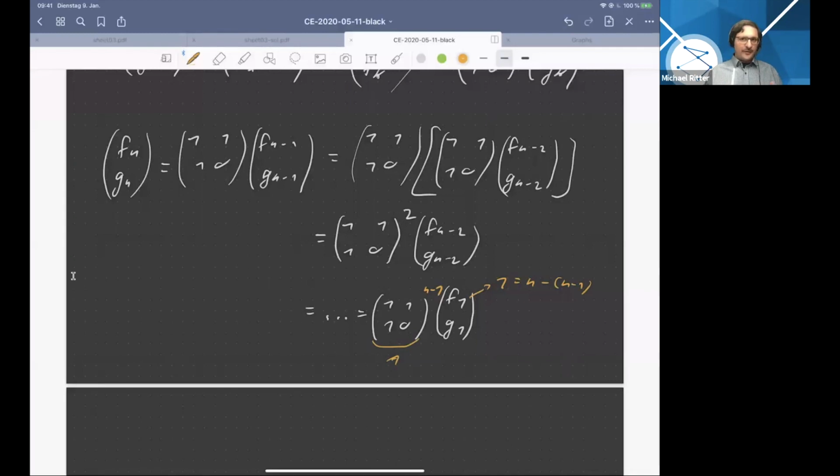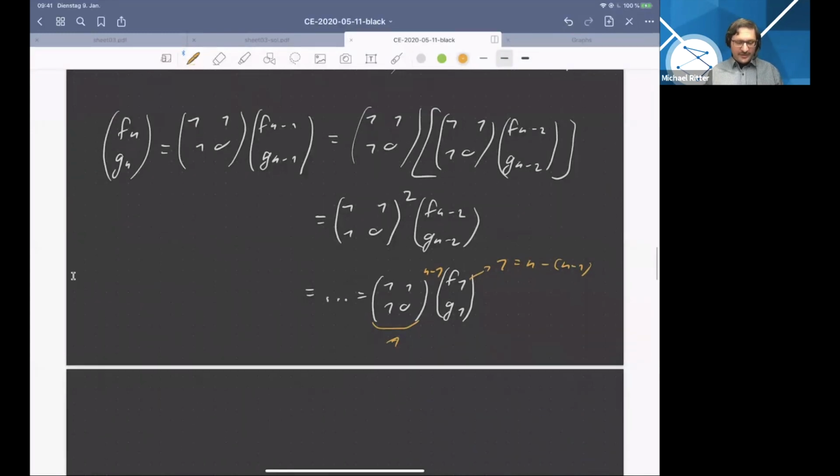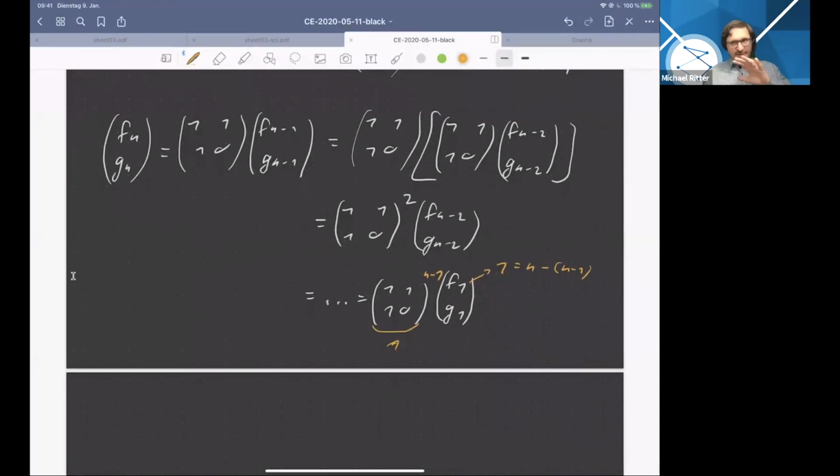We now have a recursion for the vectors fn and gn. And we can compute fn and gn from just the values f1 and g1, which we know, that's 1 and 0, if we are able to compute this A to the n minus 1 for an arbitrary n.